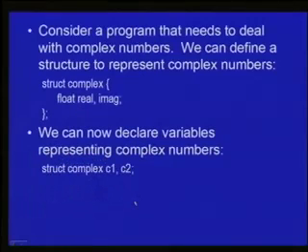Before we look at such complex structures, let's first look at some examples involving simpler structures. Suppose we need to write a program that deals with complex numbers. As you already know, a complex number has two parts, a real part and an imaginary part. To represent a complex number, essentially we need to store both these parts.